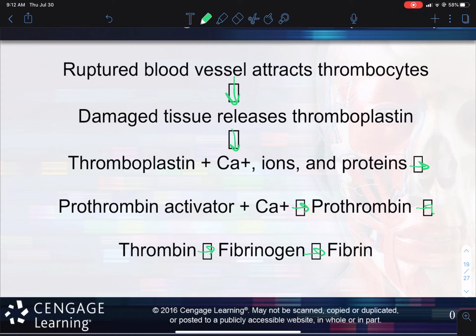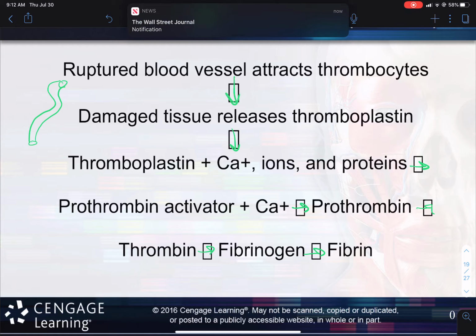You have to remember that the blood vessel is a three-dimensional tube. You've got the inside of the tube that needs to be repaired and the outside of the tube that needs to be repaired. So some of the functions of the clotting cascade happen within the blood vessel, and that's where the platelets are going to form. And some of the clotting cascade also functions on the outside of the blood vessel, which some platelets are going to come to.